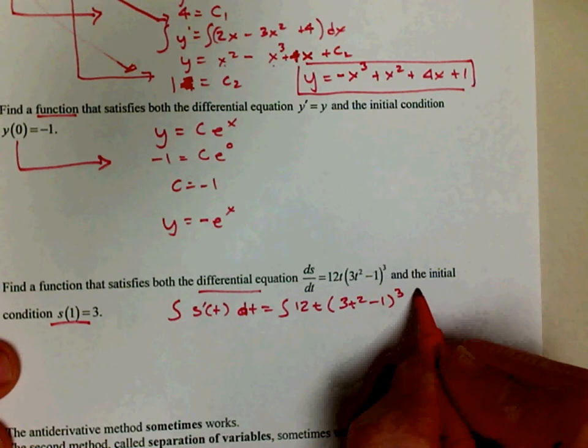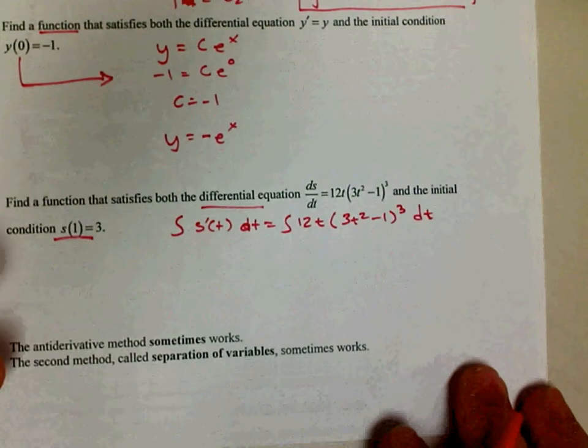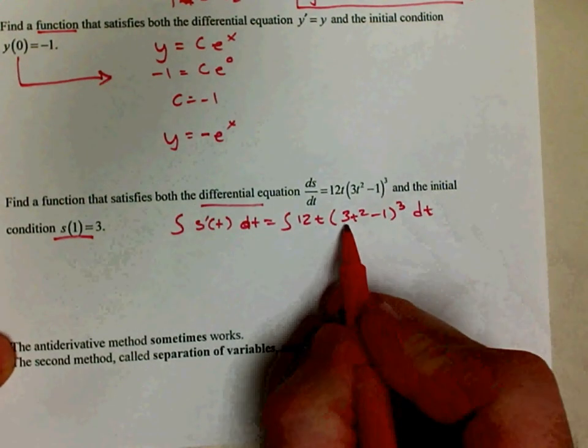I think let's go ahead and do some more substitution, because I don't see us foiling this out and then multiplying by 12t. It looks a little messy.